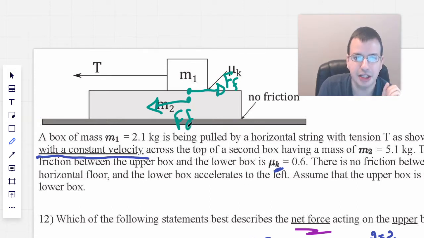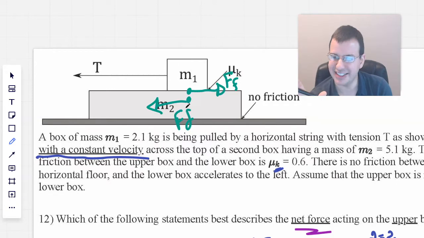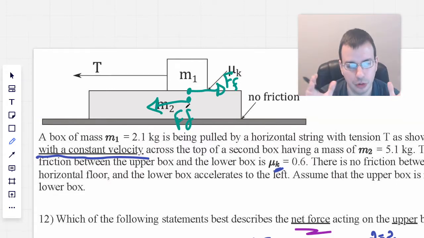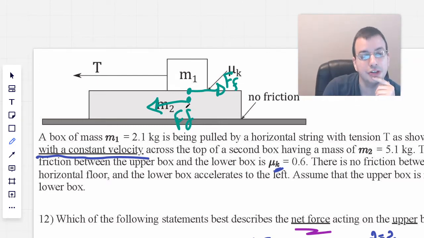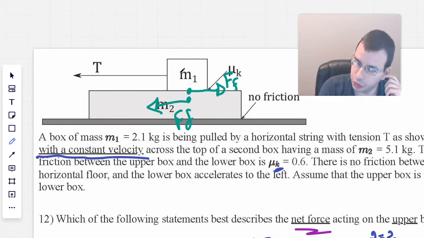Another way to do that is this: we normally choose a static reference frame, basically an observer watching from the outside. But that's not necessarily true. We could actually be moving. There's a general rule of thumb that force of friction opposes motion.